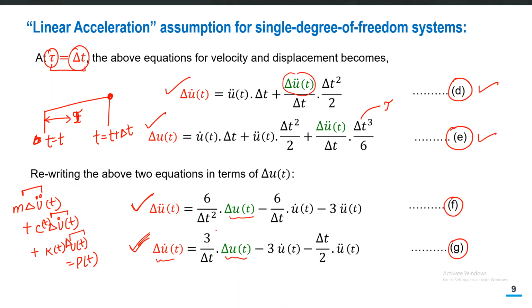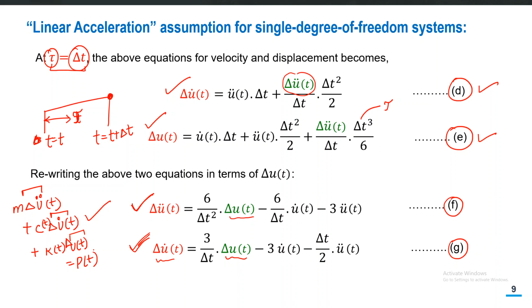So delta u can be taken common and solved, and the increment in displacement between t and t plus delta t can be calculated. This gives us a way to incrementally solve the equation of motion for each time increment, and we finally get the delta u for each time increment. We keep adding it to the previous u and get the displacement of the structure.